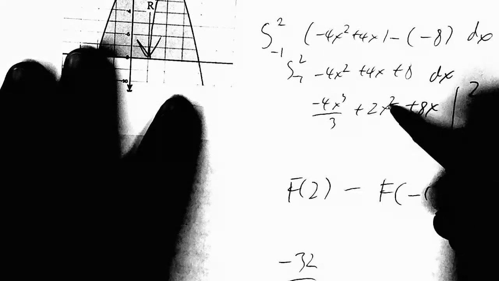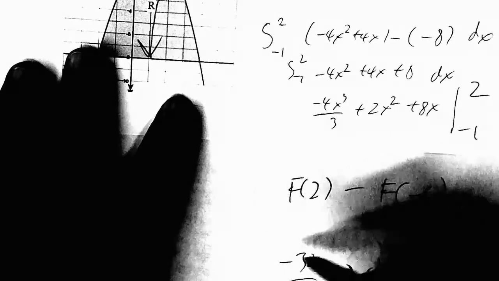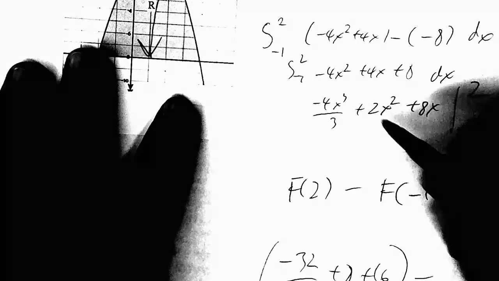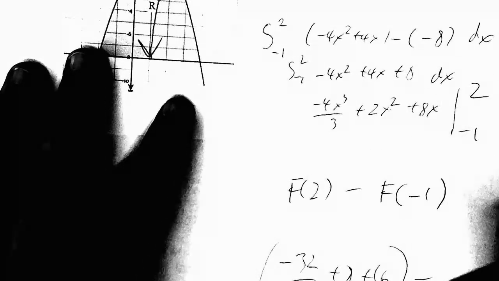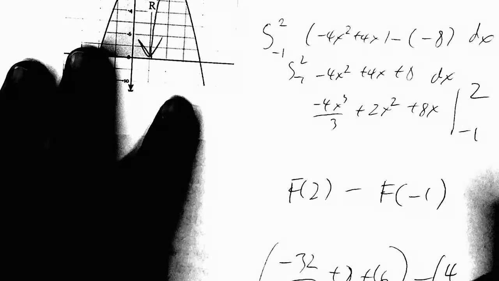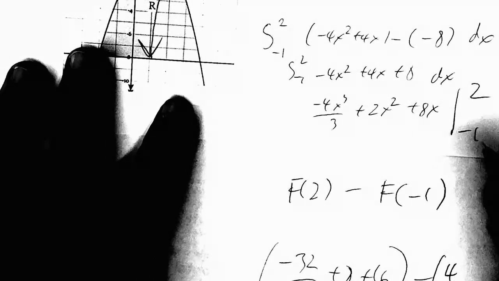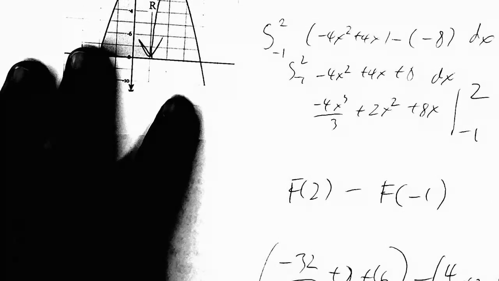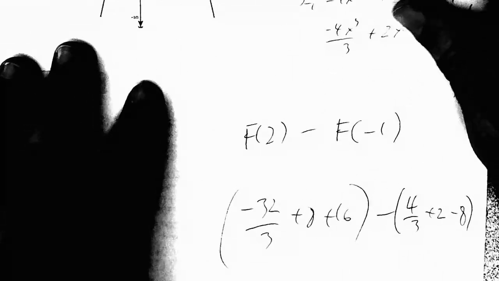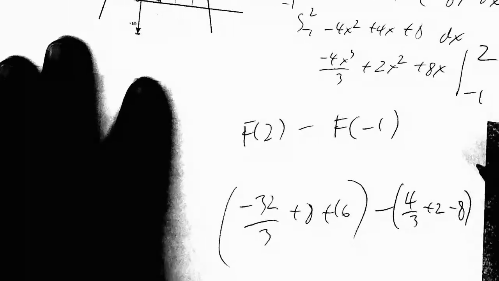We get negative 32 over 3. That's 4 times 2 is 8 plus 16 minus, plug a negative 1 in, that's negative 1 times negative 4 is 4 over 3. Negative 2 is 1, 2 plus 2 minus 8. So we got this minus this. You're just plugging in the values.